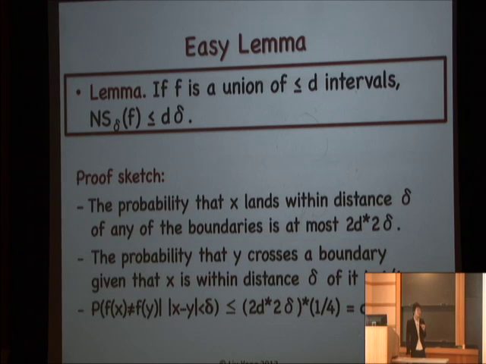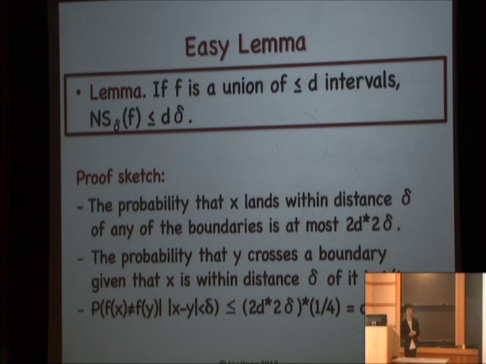Then wouldn't y be on the same side of the boundary half the time, and on the opposite side half the time? We're interested in the case where x and y are on opposite sides of that boundary, and to narrow down to 1/4, you're right, it requires some integration to calculate that quantity.